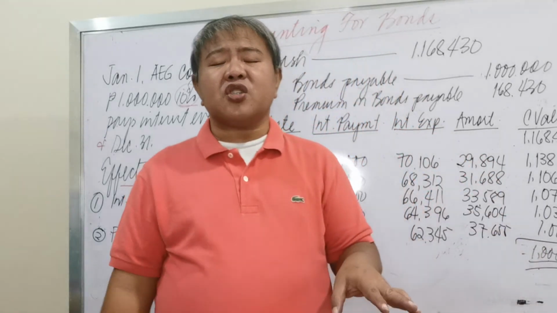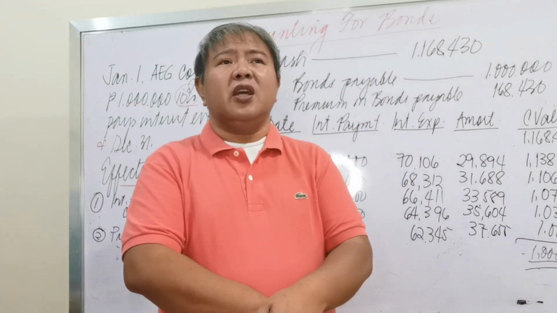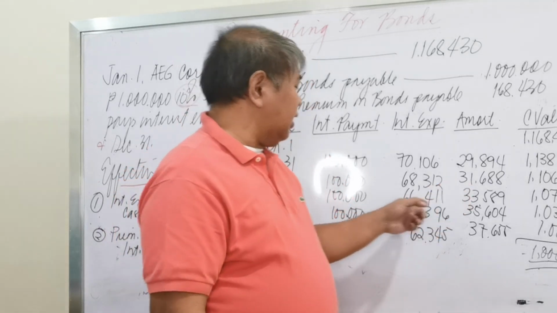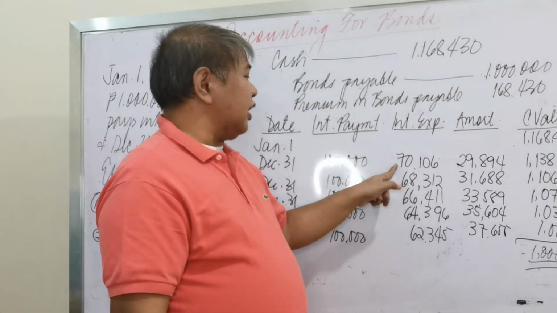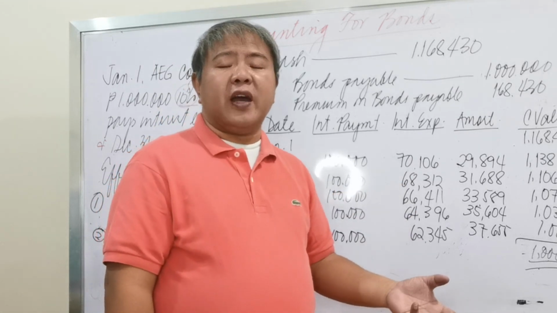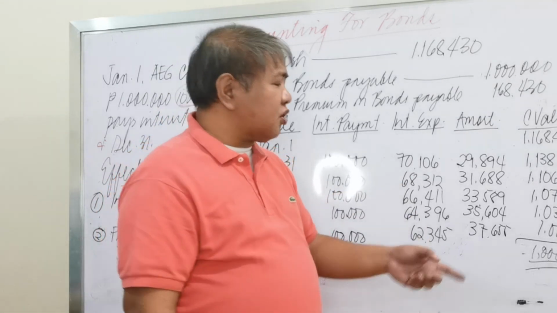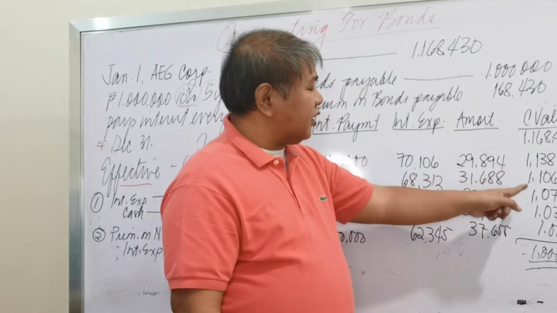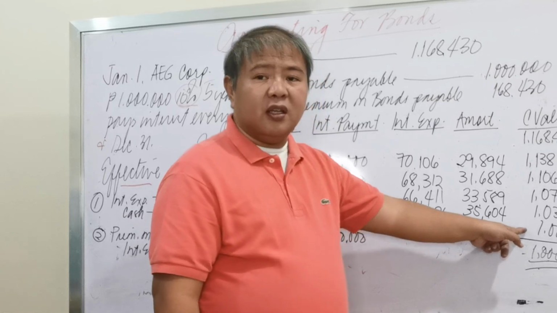So therefore, if the question in the examination is for you to find the interest expense as of December 31st, your answer would be this one, 70,106. Okay? Now, if the question would be the carrying value of the obligation at the end of each year, this will be your answers. December 31, 2019, 20, 21, 22, 23. Okay?